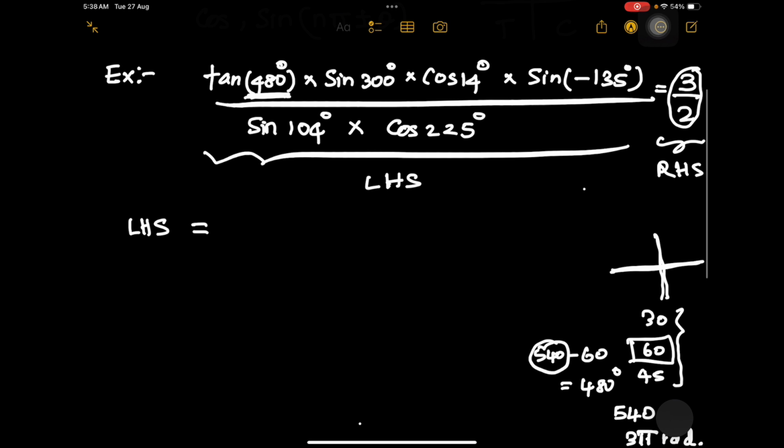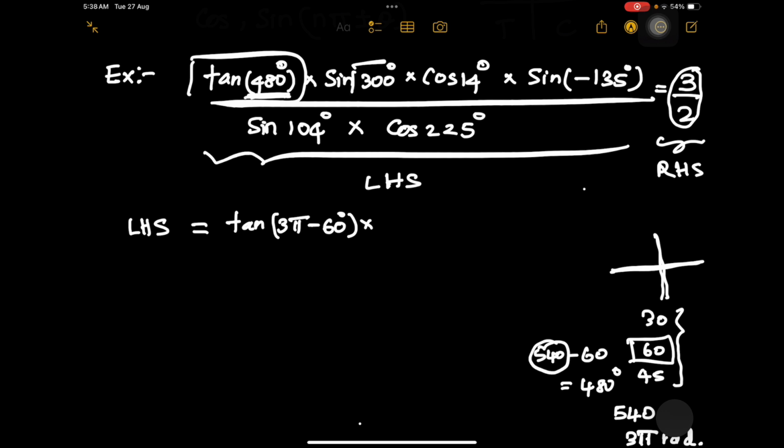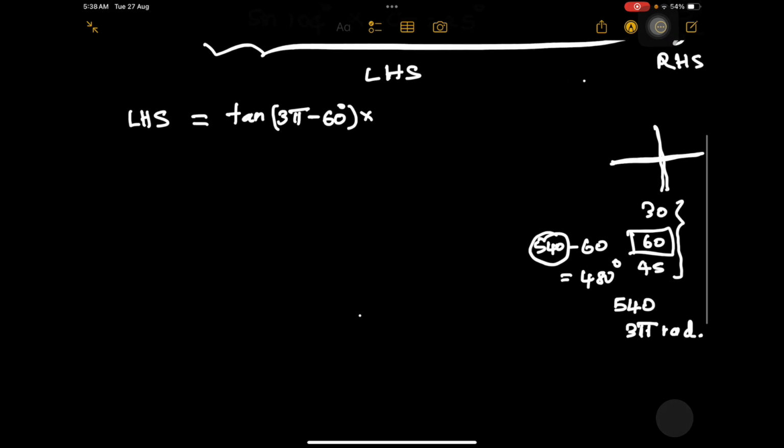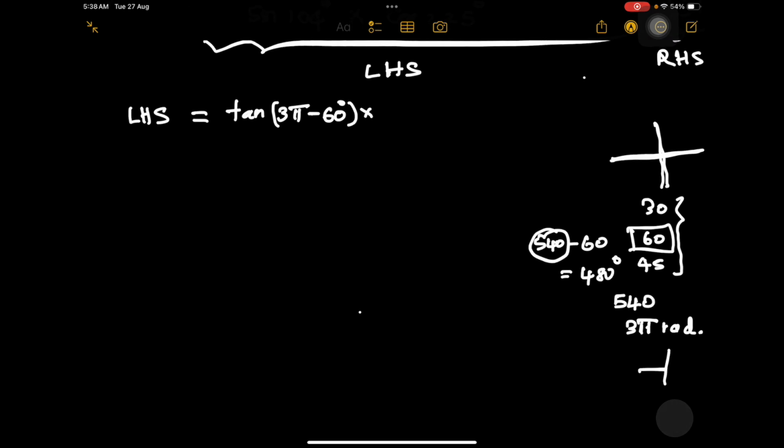So we can write this one as tan of 3 pi minus 60 degree, times, and also what is the reference angle value for 300? 360 minus 60. So 360 is 2 pi minus 60.